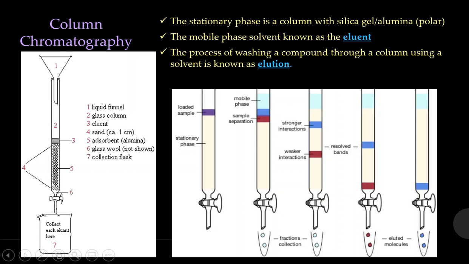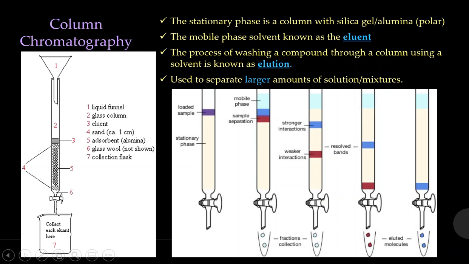This one is used for larger amounts of stuff, really like separating larger amounts. It's not just to gather data points and information about what's in your mixture. This is really something they do in industry to separate components.